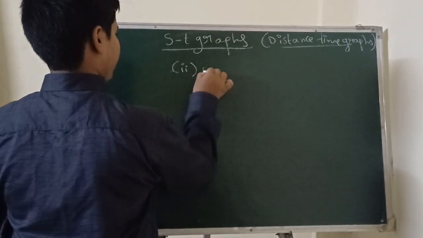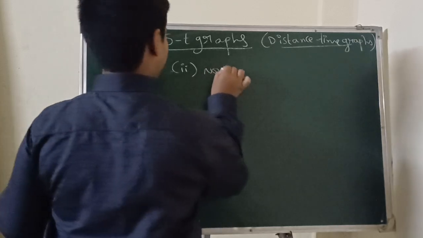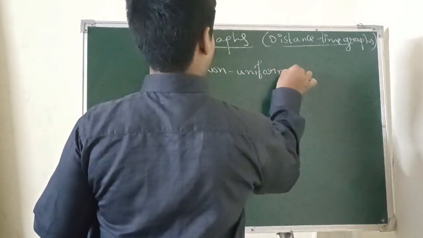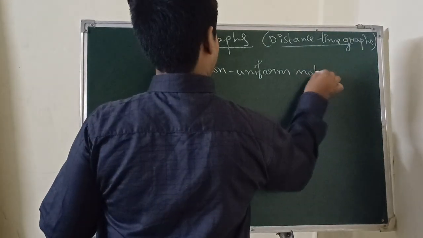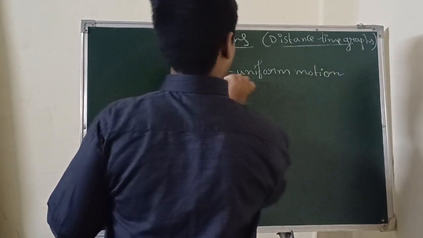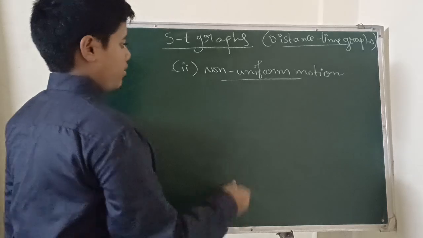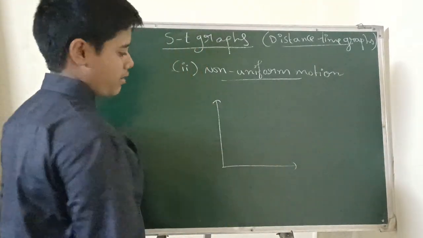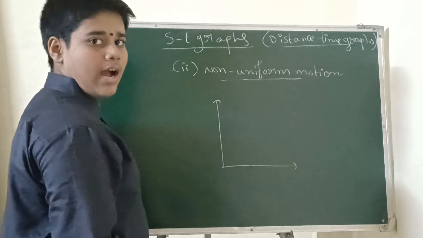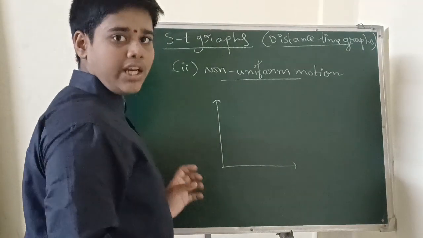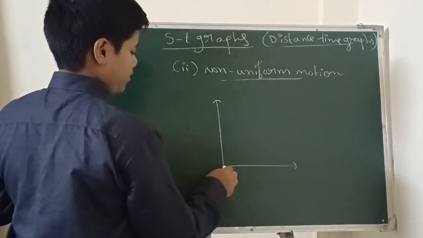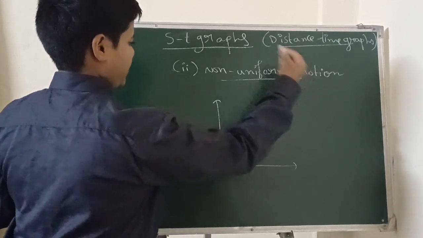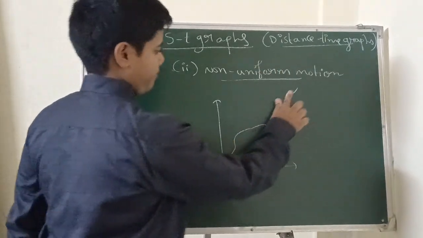Second one, non-uniform motion. Non-uniform motion means unequal distances in unequal intervals of time, or unequal distances in equal intervals of time, anything. So I am taking this as a non-uniform motion graph.